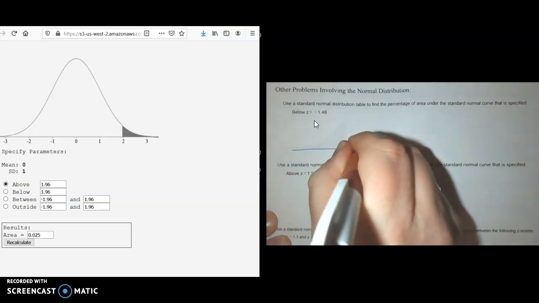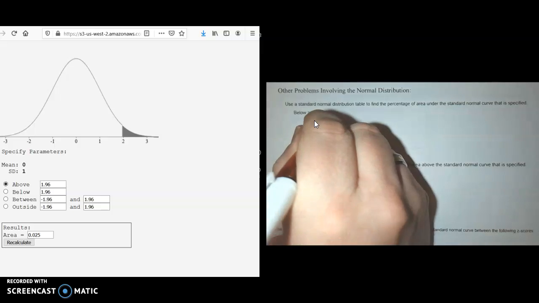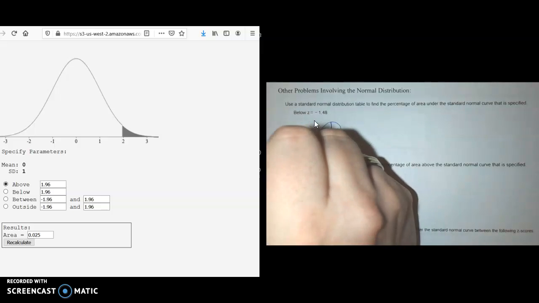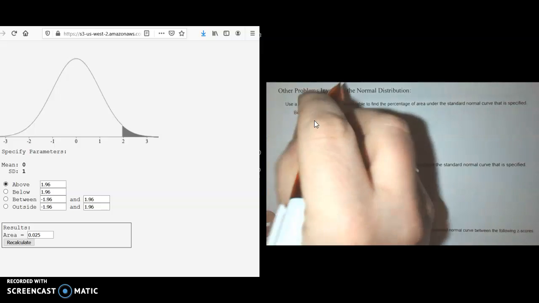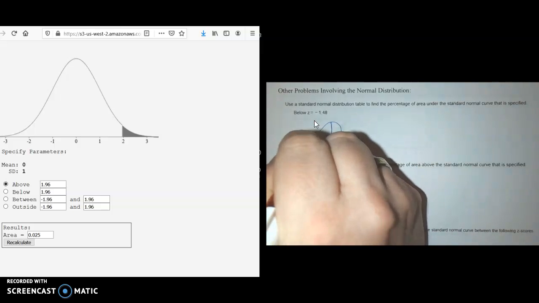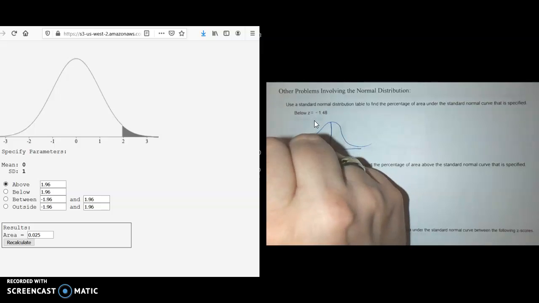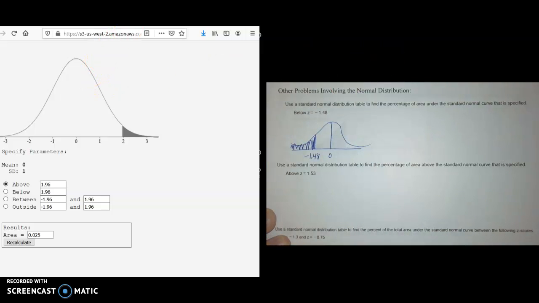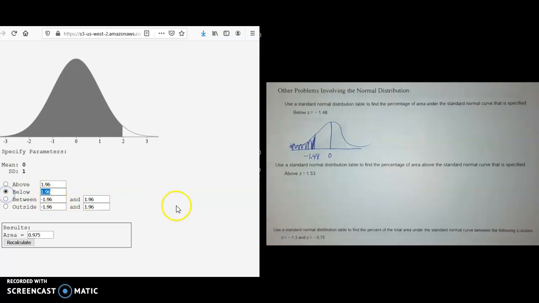So basically on the standard normal curve, here's 0, the mean, and over here someplace is negative 1.48. So I want to find this area. So what I'm going to do is go to that website, click below, and then type in negative 1.48.